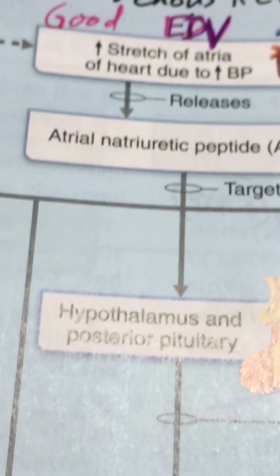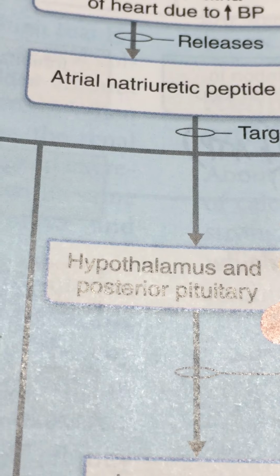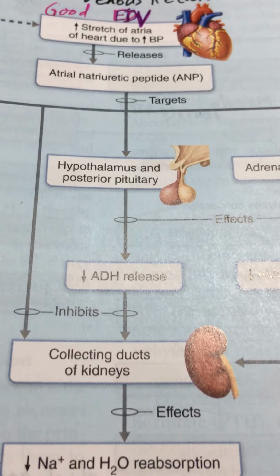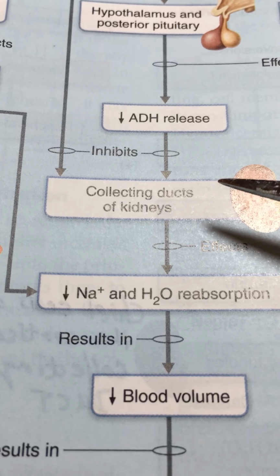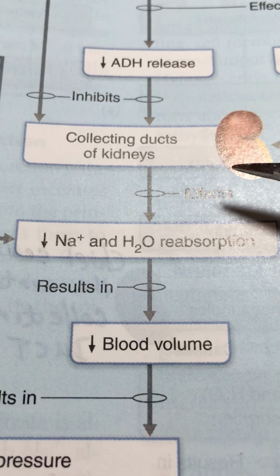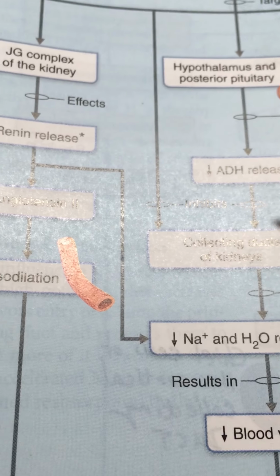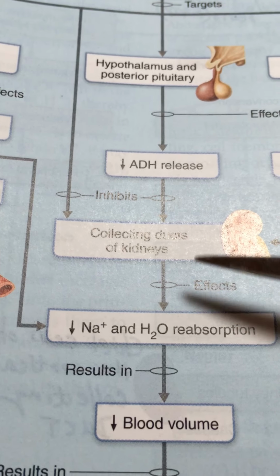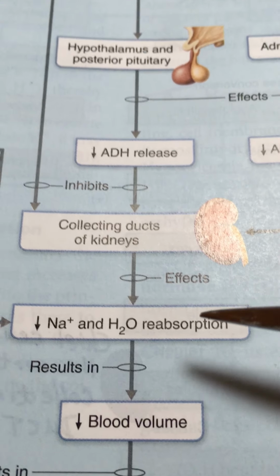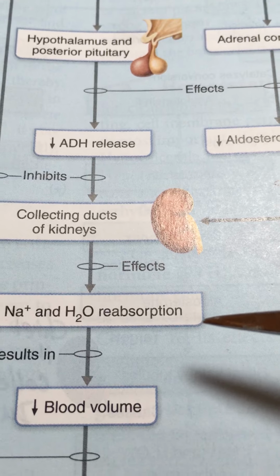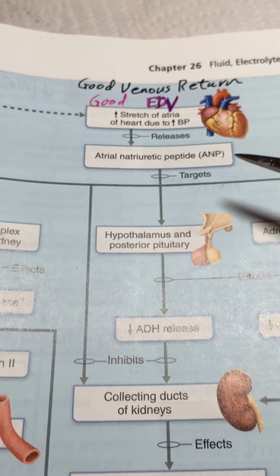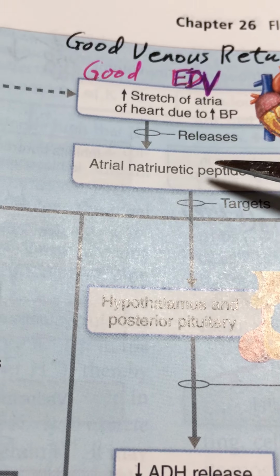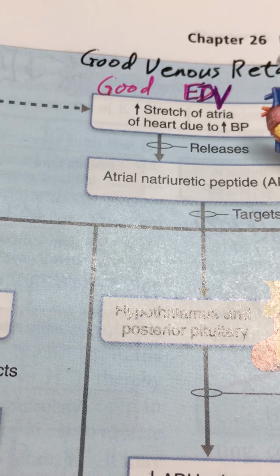And what we're doing is we're turning off everything that has to do with renin-angiotensin-aldosterone. Okay, so we don't need as much sodium, we don't need as much ADH, we don't need as much renin-angiotensin-aldosterone, because life is sweet, and we have plenty of water, plenty of end diastolic volume.